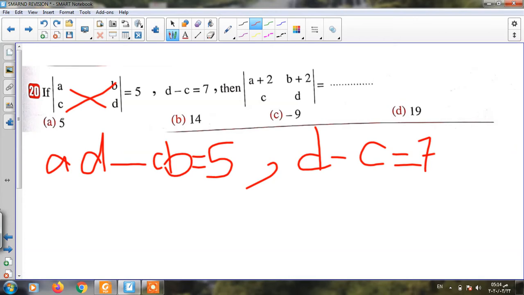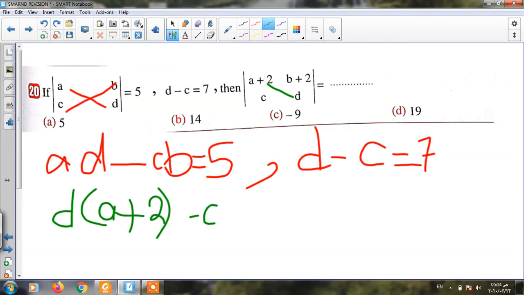Let me change the color. Now find the third relation. Look at the third relation and start to find. Multiply the main diagonal. It's D times A plus 2. Now we're going to distribute. Minus C times B plus 2. And this is our value which we're going to find. So please distribute the D and the C inside the brackets.